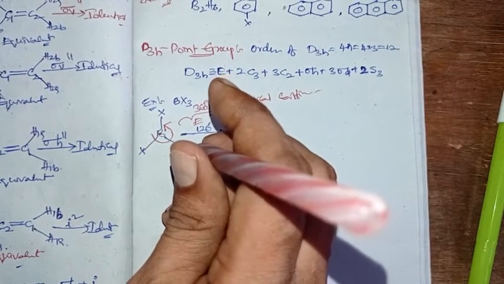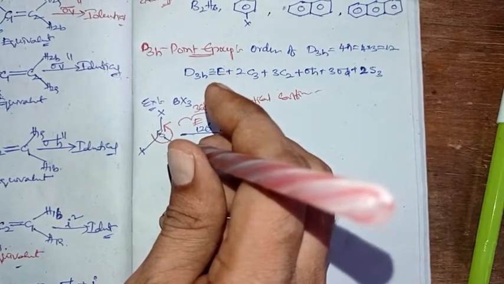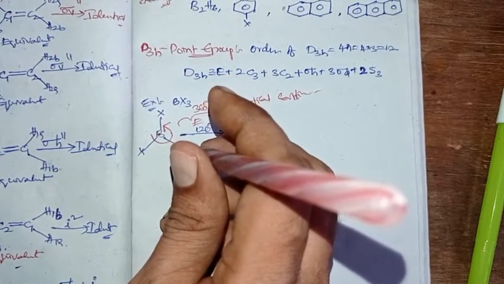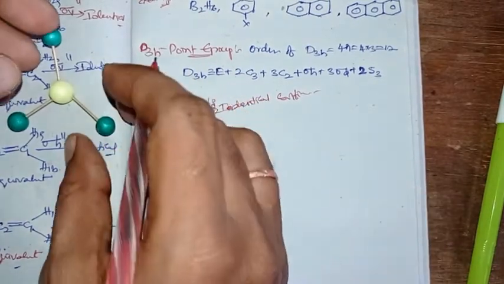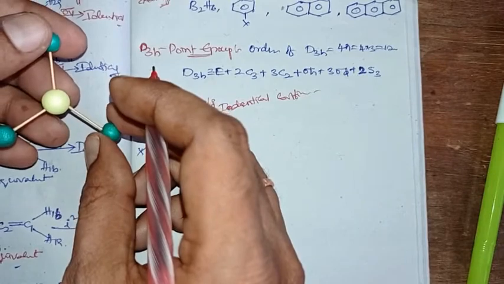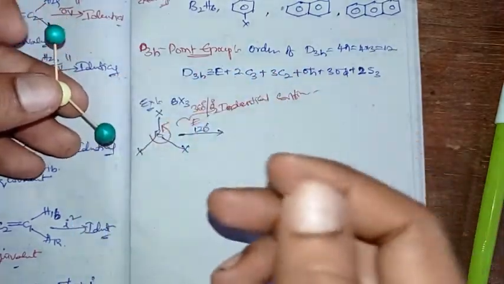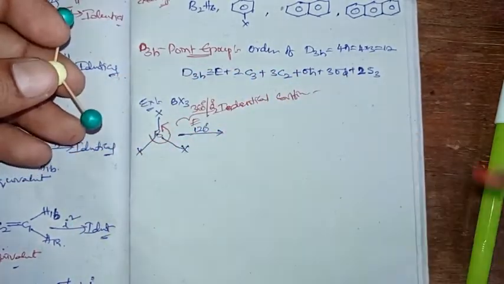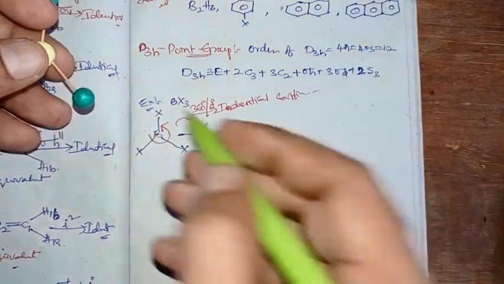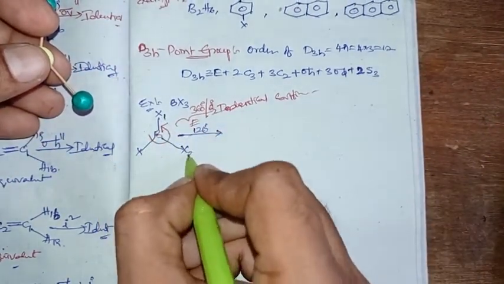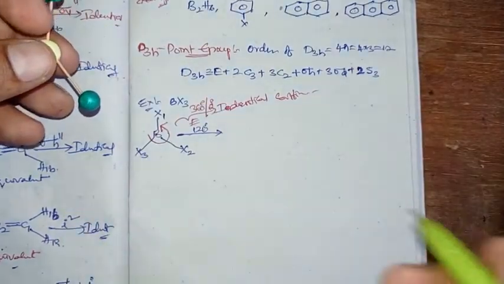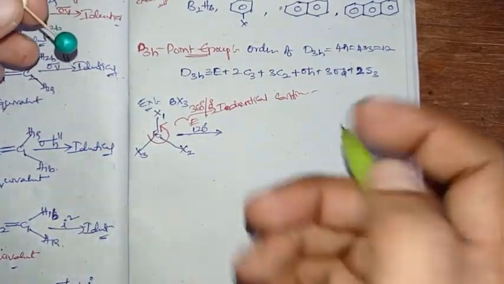When we do the 120 degrees of rotation, it will generate an equivalent configuration by replacing the similar X elements. Taking 1, 2, 3, I considered.